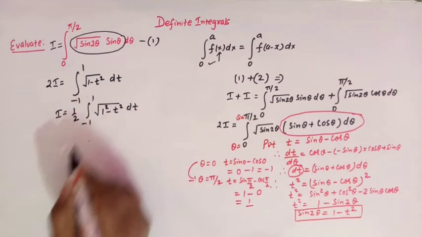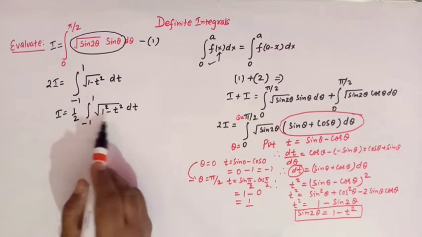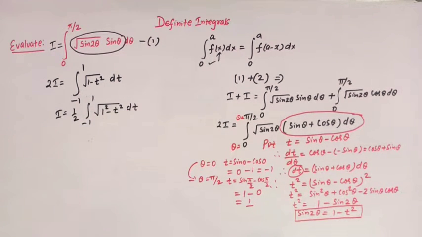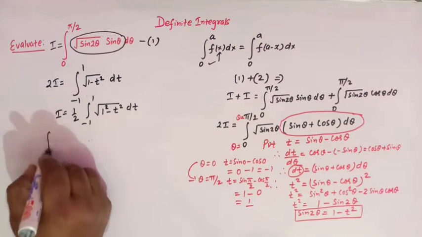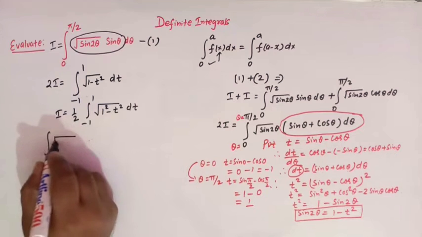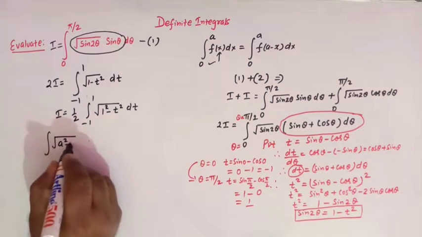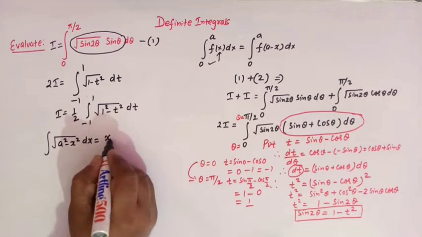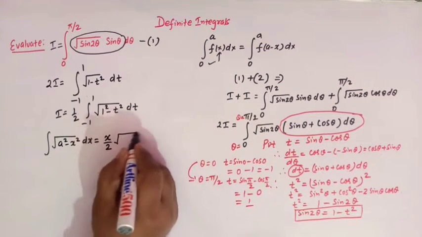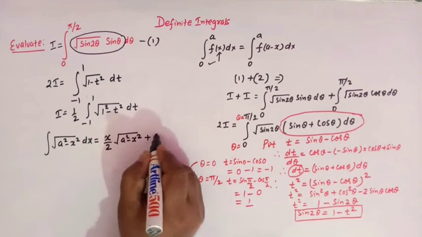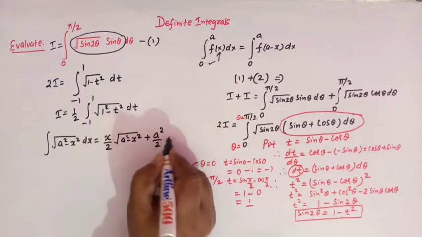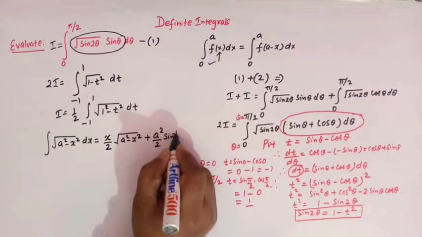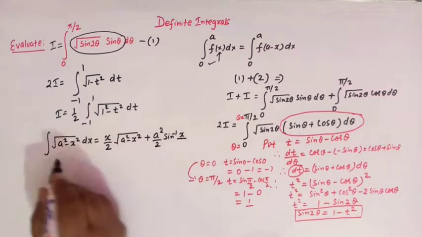And here we'll use an important result from indefinite integrals, and the result is the integral of square root of a square minus x square dx is equal to x over 2 times square root of a square minus x square plus a square over 2 sine inverse x over a, right?